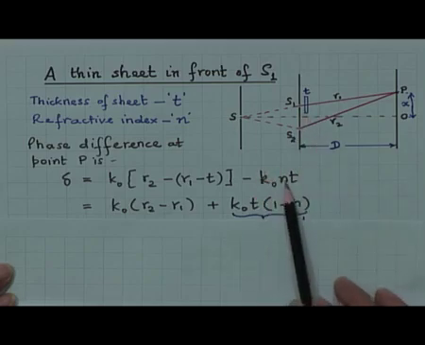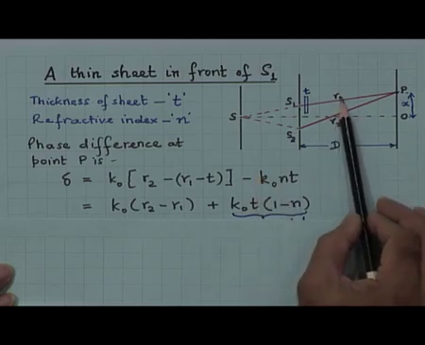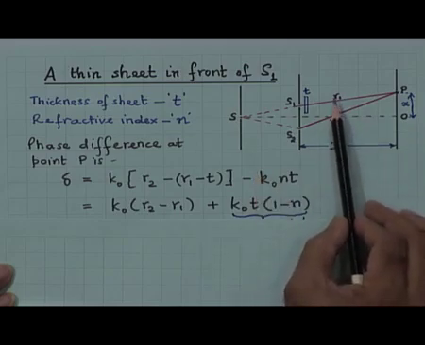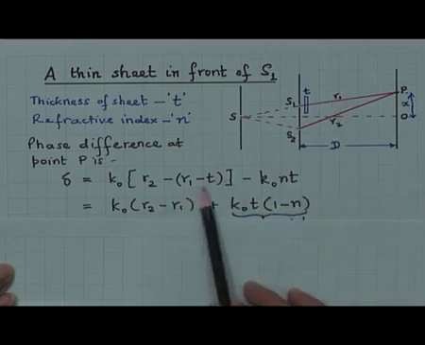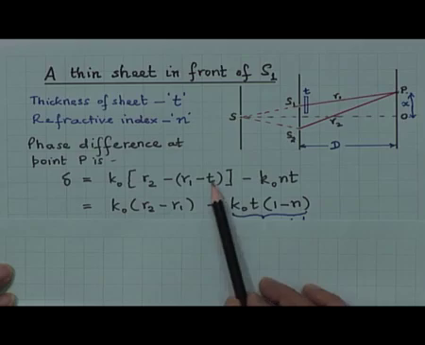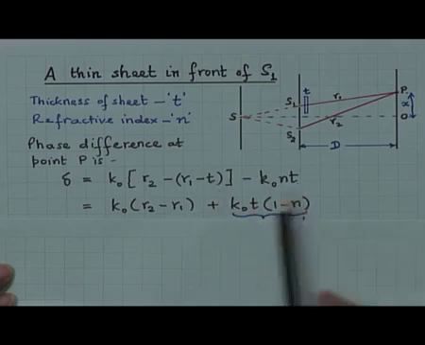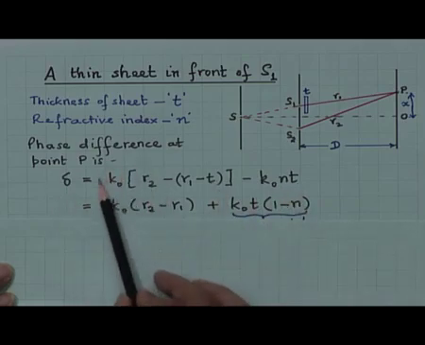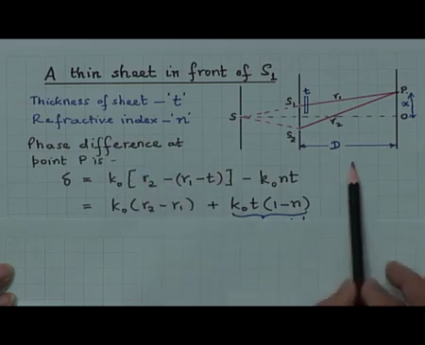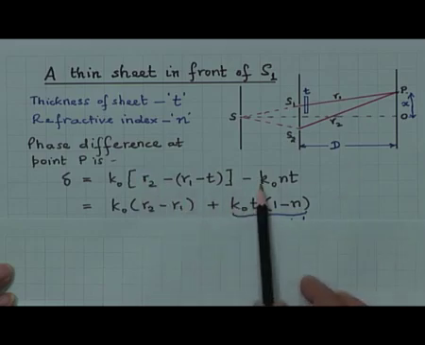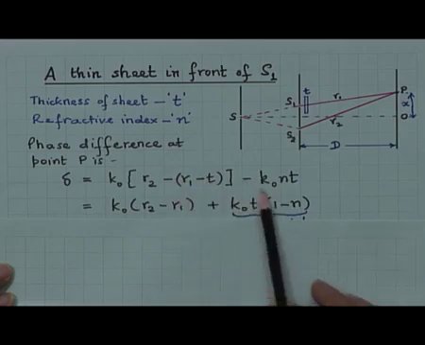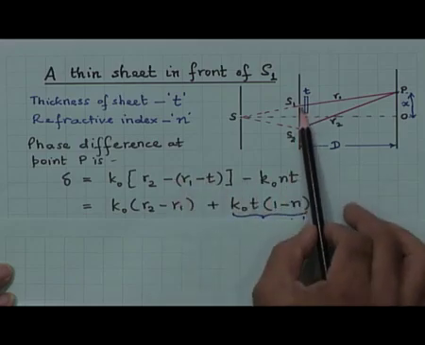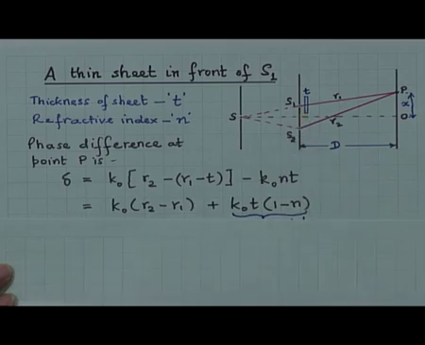So, k0 into R1 minus T plus k0 into NT. Therefore, the phase difference is k0 R2 minus all of this, that is why we have minus here. So, minus R1 minus T in air and minus k times T because of this.